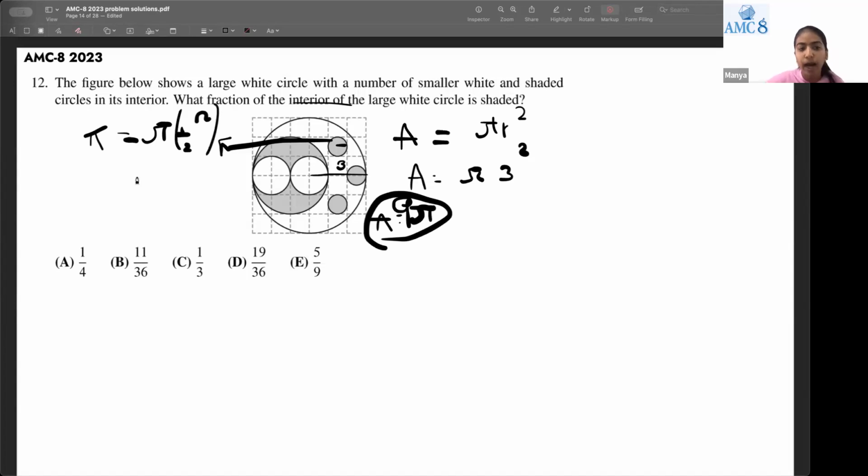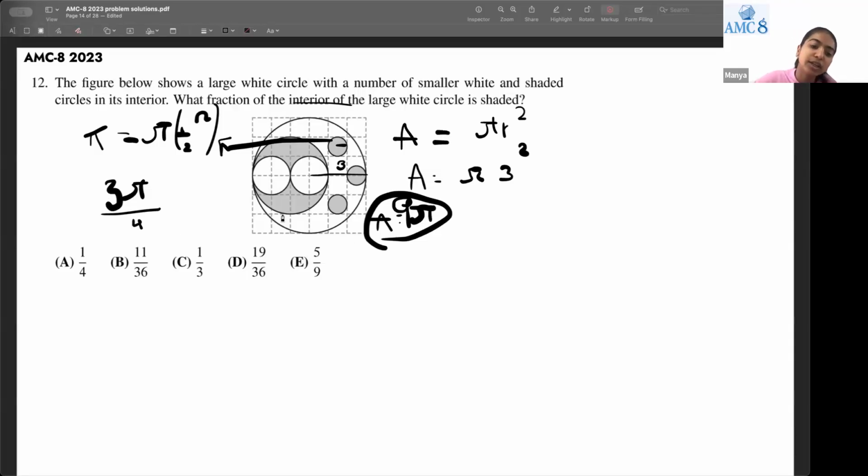And instead of writing pi times 1 by 4, I'll just write pi by 4. Okay? And we know that there are 3 circles like this, not just one. There are 3 of these smaller circles. So I'll write 3 pi by 4. So here we got 3 pi by 4.